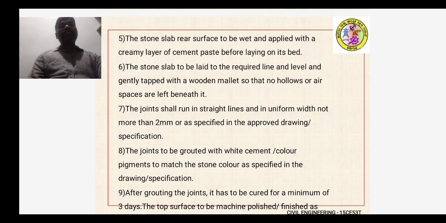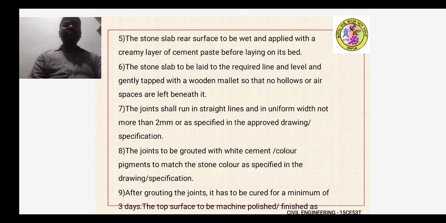The rear surface of the stone slab is to be wet and applied with a creamy layer of cement before laying on its bed. The stone slab is to be laid to the required line and level and gently tapped with a wooden mallet so that no hollows or air spaces are left beneath it.